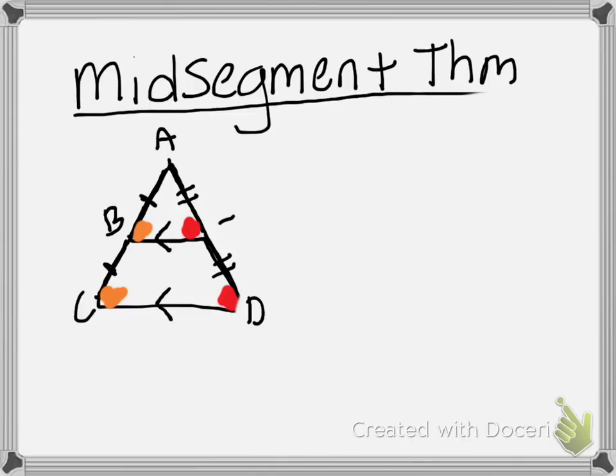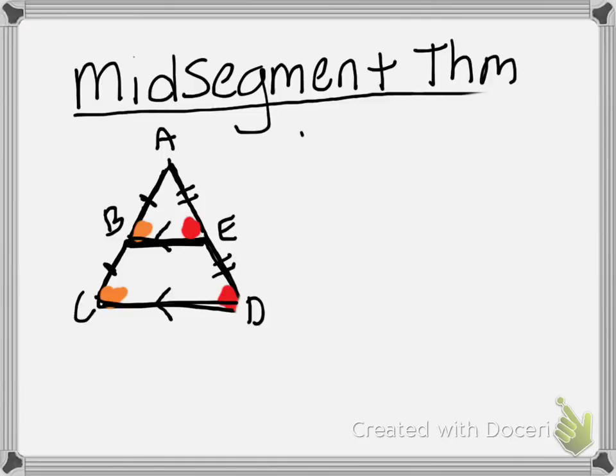D and E. Now, those properties are all well and good, and you're going to have problems to deal with those different properties. But the big theorem when you're talking about a midsegment that you're going to see most often is talking about how this segment B to E relates to C to D. And you can write this property out 2 ways.